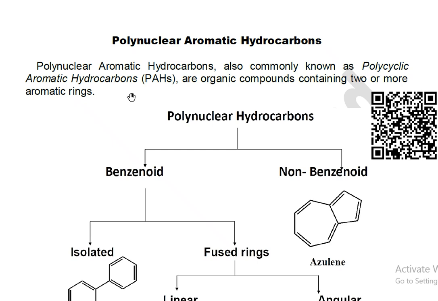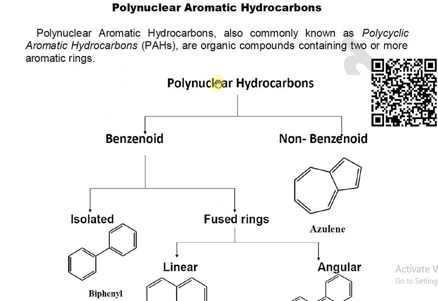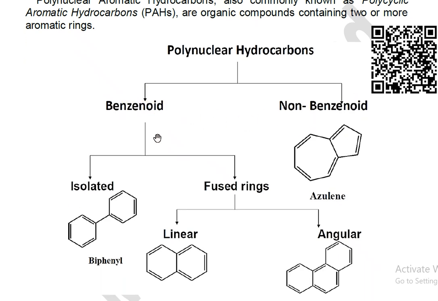They can be divided into two main families here: the benzenoid, and the second family, the non-benzenoid. From the name, the benzenoid consists of the benzene cycle, and the non-benzenoid contains another size of aromatic rings, not the benzene.